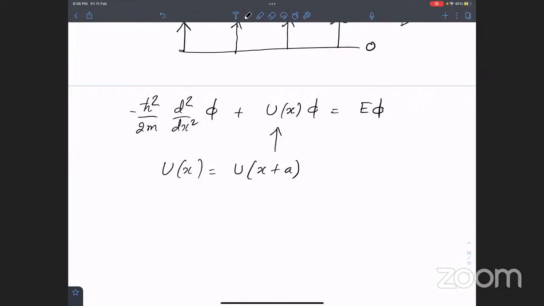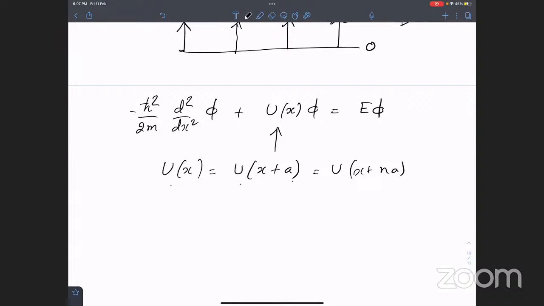And if you substitute that here, if you impose the condition that U of x should be equal to U of x plus a, which should be equal to U of x plus n times a, right? It's periodic. So it has a translation invariance if I translate by a distance of a. When you do this, we look at what are the conditions on phi.